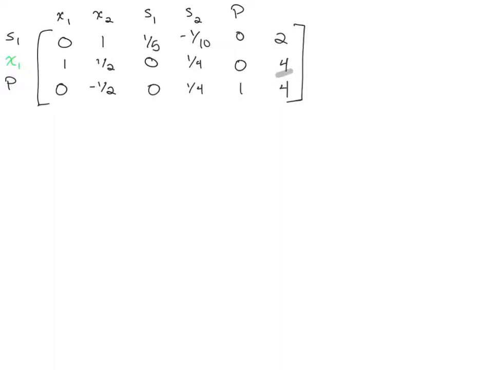The first one will be -1/2 s sub 1 plus x sub 1, and we will replace x sub 1. And the other row operation will be 1/2 s sub 1 plus p, and that will replace row p.